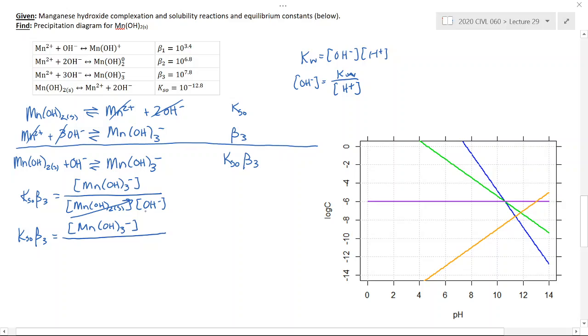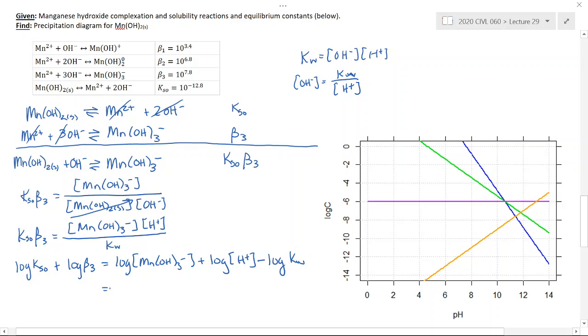I'll substitute for the hydroxide, Kw over H+. I'll take the log of both sides, so I have log KSO plus log beta 3 is equal to log manganese hydroxide complex plus log hydrogen minus log Kw.